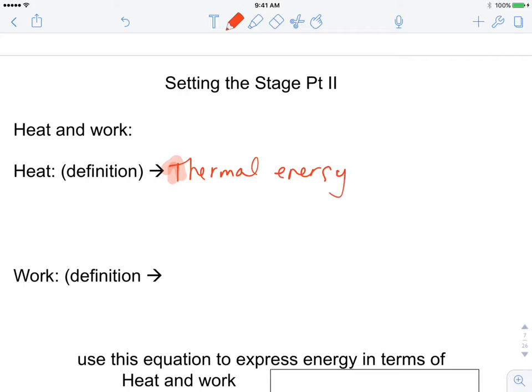And a lot of times they'll give heat this symbol Q. And again, this is when energy is transferred. But now let's look at it in terms of system and surroundings. So we would say where we have energy transferred between system and surrounding.